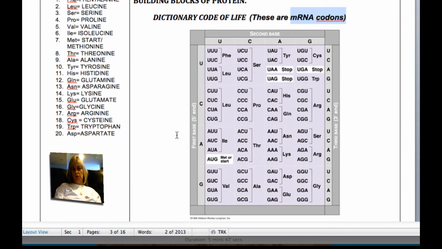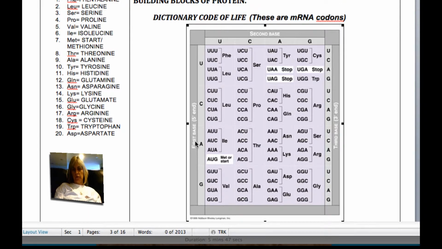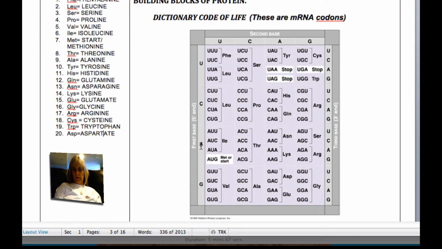I first go to this side where it says first base and look for the A. Then I come to the top and look for the second base, which is U. I go down to my A, AU, and go over to the right where the third base is found, staying in that same vicinity, and there it is.